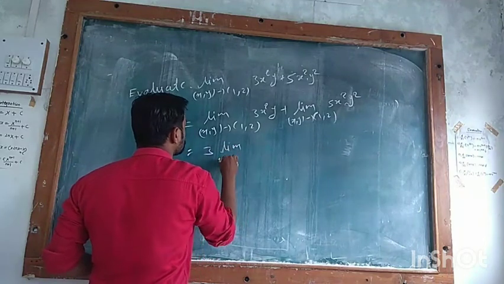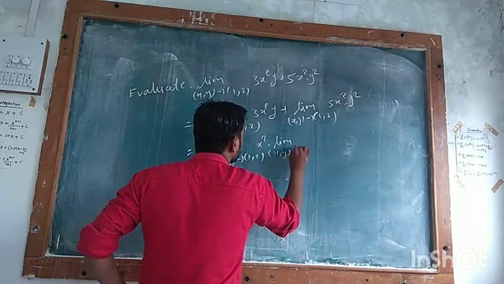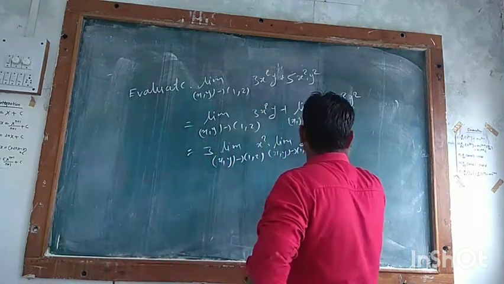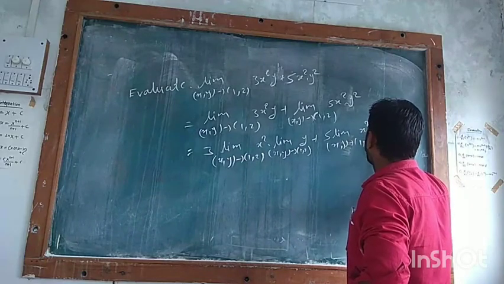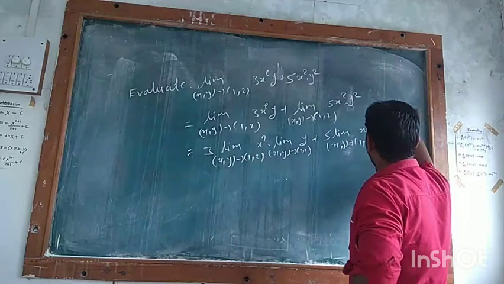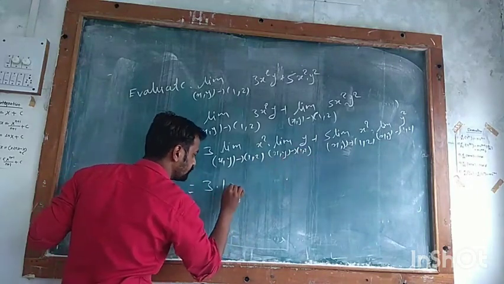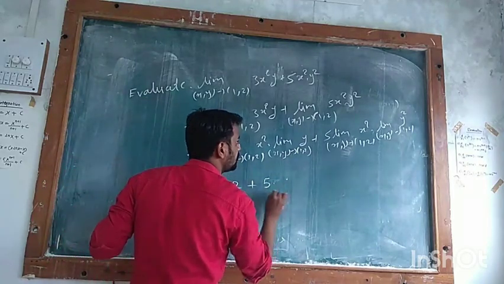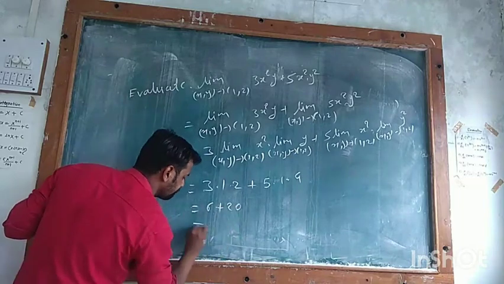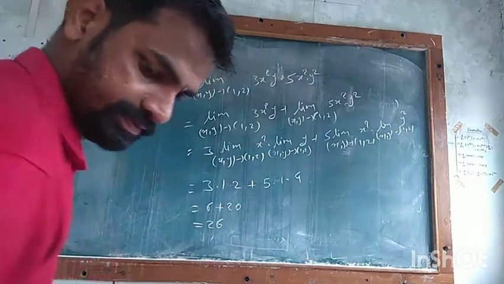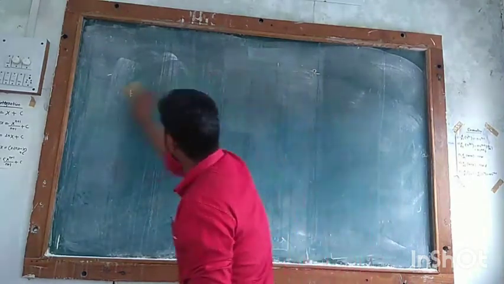We get 3 into limit of x square into limit of y plus 5 into limit of x square into limit of y square, which is equal to 3 into 1 square is 1, into 2, plus 5 into 1 square is 1, into 2 square is 4, which is equal to 6 plus 20, which is equal to 26. This is a basic example of limit.